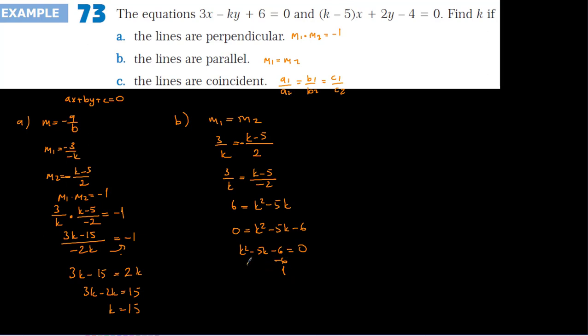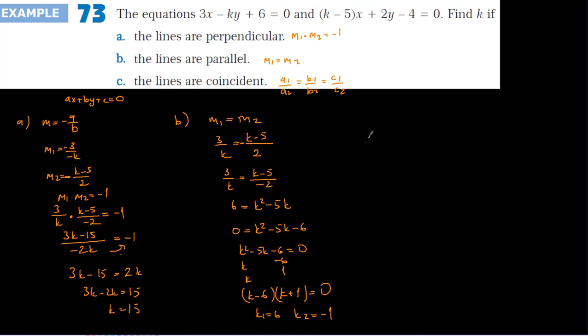The product is minus 6, so if you simplify like this, K minus 6 times K plus 1 is equal to 0, which means that K1 is equal to 6 and K2 is equal to minus 1. It has to be. Then in this case the lines are parallel. It's going to be, and this is the last one.